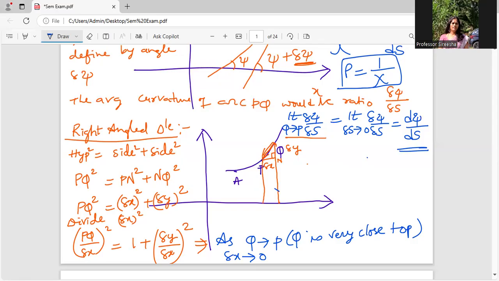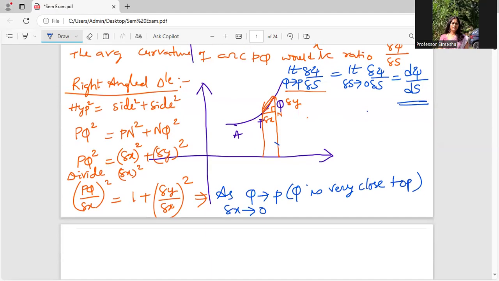So this equation I can write like this. As Q moves to P, PQ would be nothing but delta S, right?